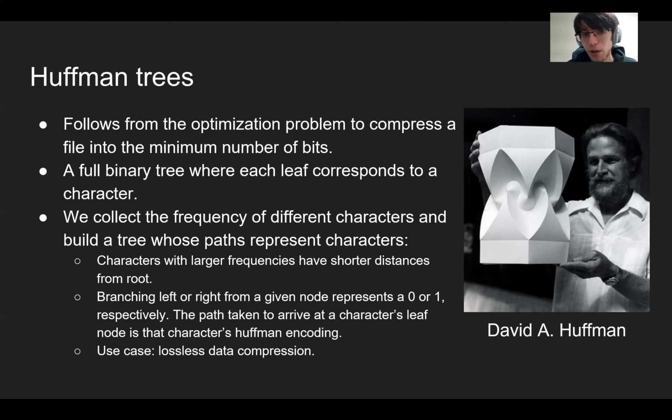If you think about it, this might make sense if you want to minimize the number of branchings it's going to take to get to certain characters, right? In a tree, we want to get as quickly as possible to things that show up more often.